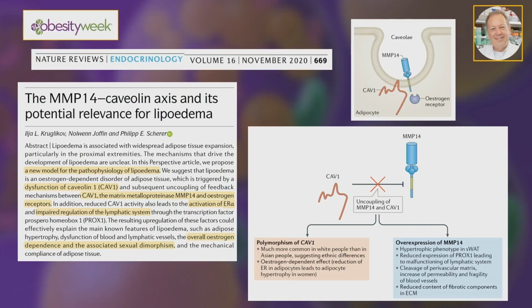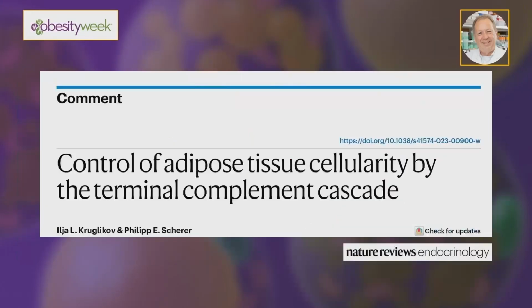Caveolin mediates that binding. It has to be released for the estrogen receptor to go to the nucleus and actually do its thing. And then, on the other hand, the exoplasmic MMP14 is also interacting with caveolin 1, and the release of MMP14 into the interstitial space has all kinds of consequences as well that would fit the overall appearance of what's going on in lipedema. So there's an interesting set there to start out with.